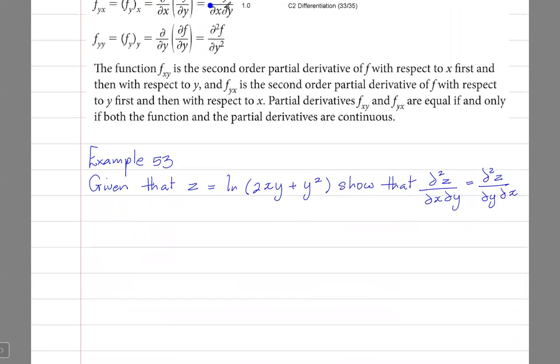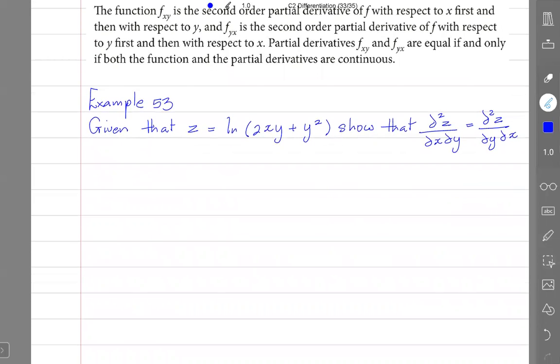All right, so let's have a look at this, guys. Changing the ink color. I'm doing 53.